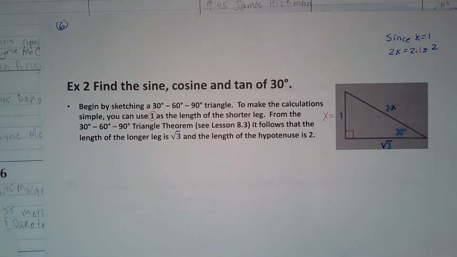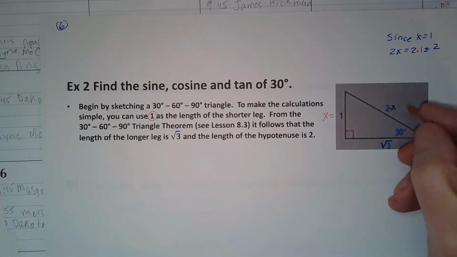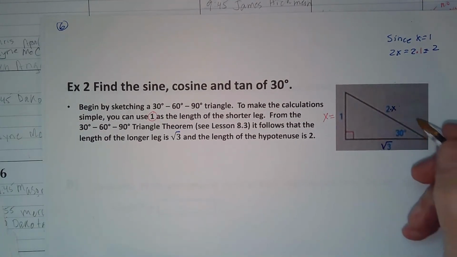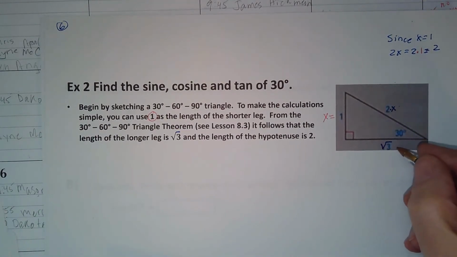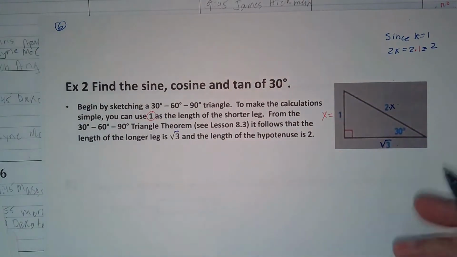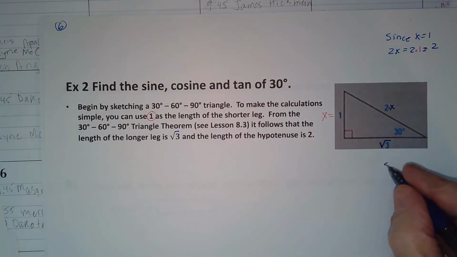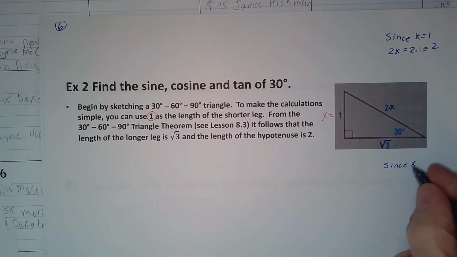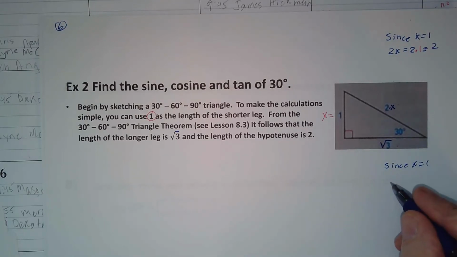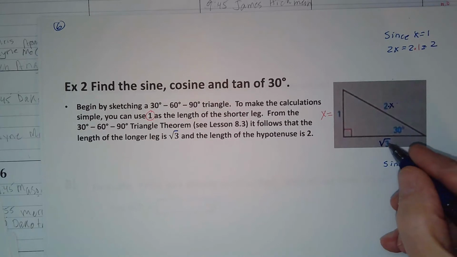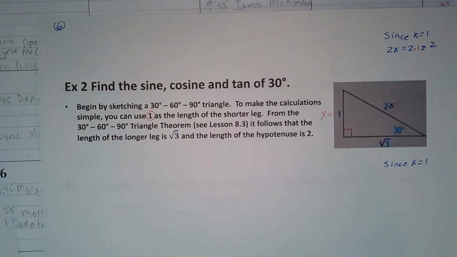So that's what's going on down here. And then down here, again, since x equals 1, this is really x times the square root of 3, where I'm putting the x in the front.